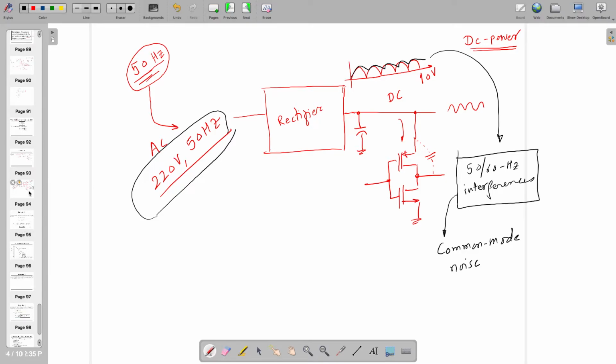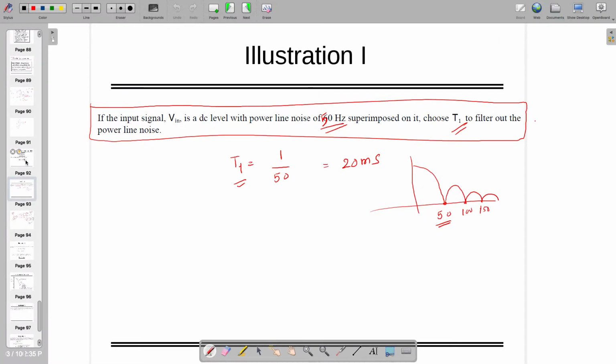So if common mode noise is there, the power line noise is coming, which is 50 hertz, superimposed on it. It might be power line noise of 1 kilohertz superimposed on it, I can say that. But if I am saying it's 50 hertz interference, the line may have some multiple of 50 hertz, and that is what we are trying to remove. So if you are doing this for 50, of course 1 kilo will also be removed, right? Because this is frequency.